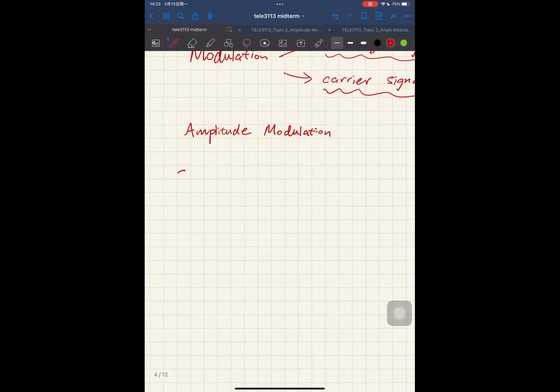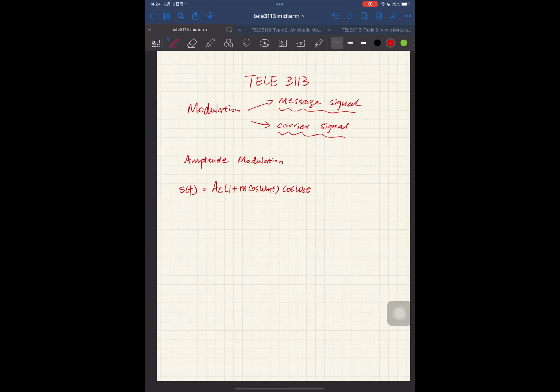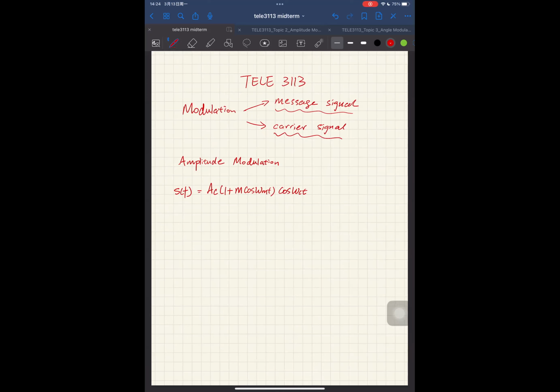So what is the basic format? s(t) equals A_c times (1 plus m cos omega_m t) times cos omega_c t, right? I'm pretty sure all of you have already done your lab two.